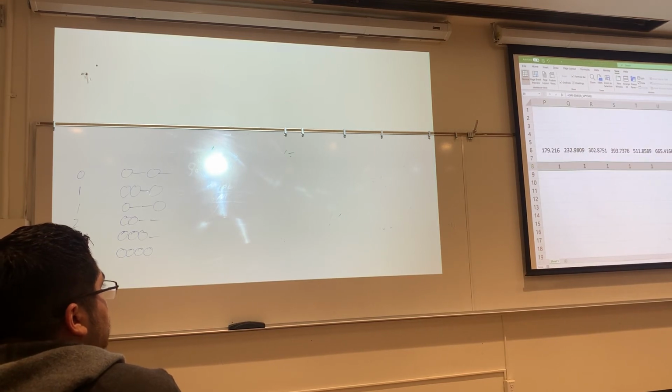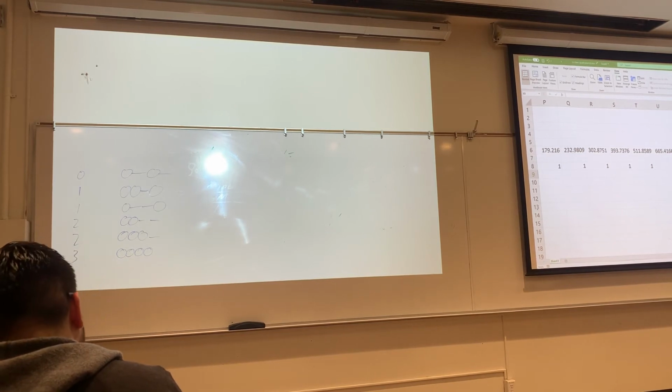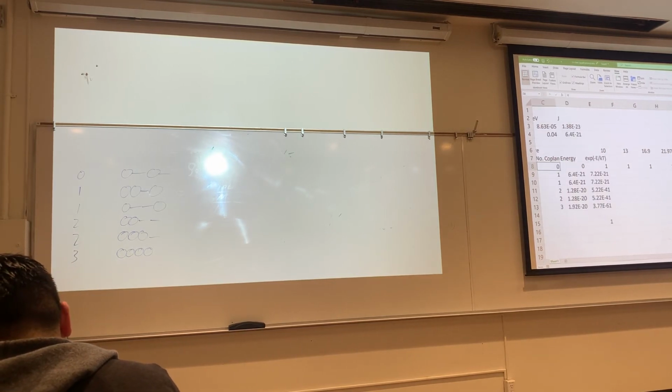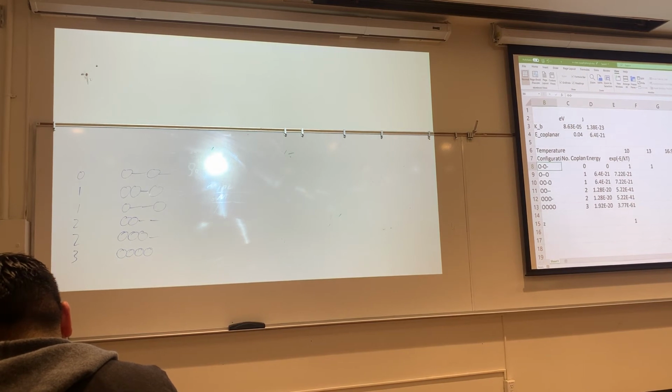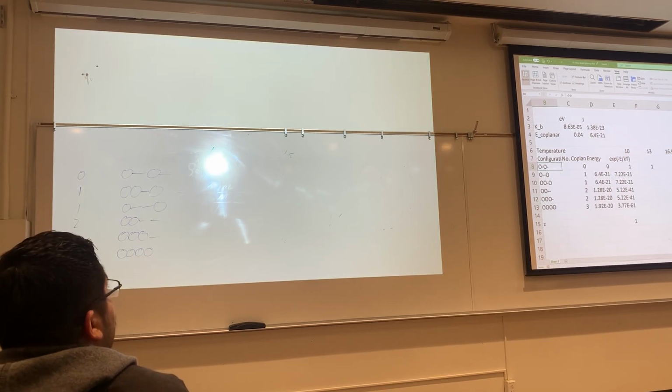And I can calculate it. Now that is all very trivial over here because it's still energy zero for this molecule, so it is always e to the power of 0.